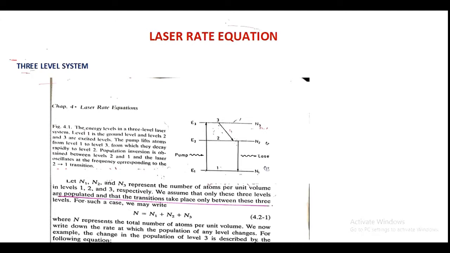Here we consider a three-level system consisting of energy levels E1, E2 and E3. Here the population of E1 is N1, the population of E2 is N2 and the population of E3 is N3.